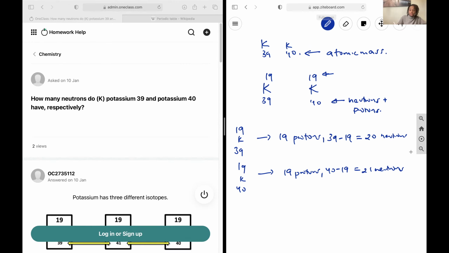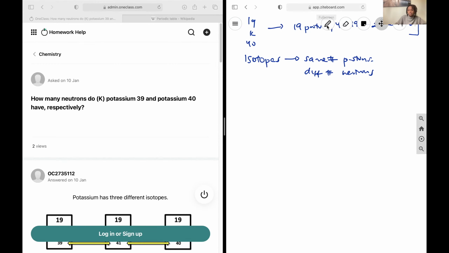Yeah, and so we can see that these two are something called isotopes. And what that means is that they have the same number of protons, but they have a different number of neutrons, evident by what we've just calculated here. And so common examples of this would be C13 versus C12.